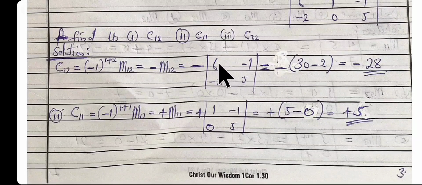You find this determinant: 6 times 5 is 30. Then -1 times -2 is plus 2. This minus is coming from the interaction that happened here, so this is what we brought here. 30 minus 2 is 28. So we have -28.